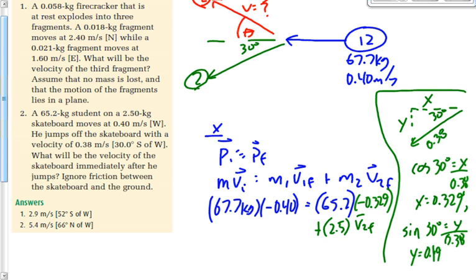I want you right now, guys, on your calculators to go cosine 210. Negative 0.329, right? Let's go sine 210. What do you get? Negative 0.19? Sorry, multiply it by 0.38, right?